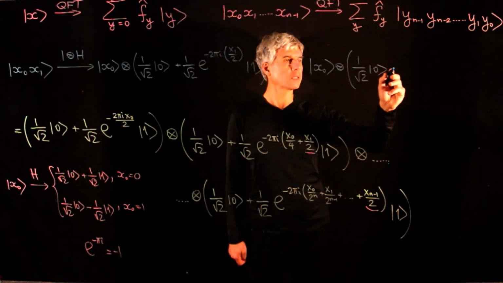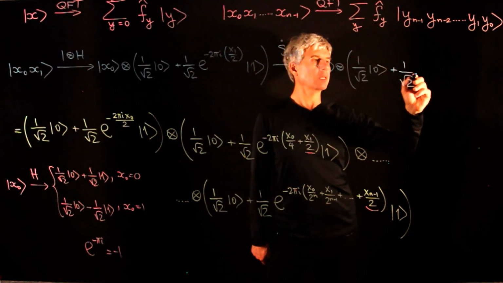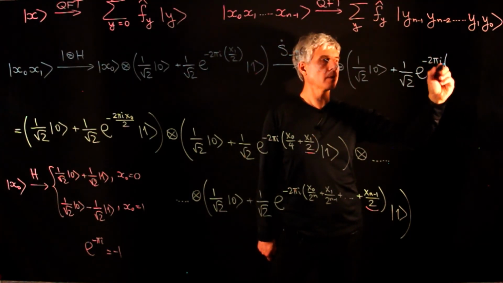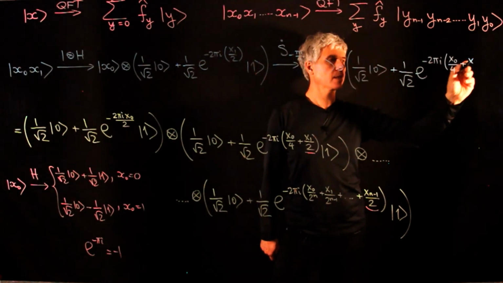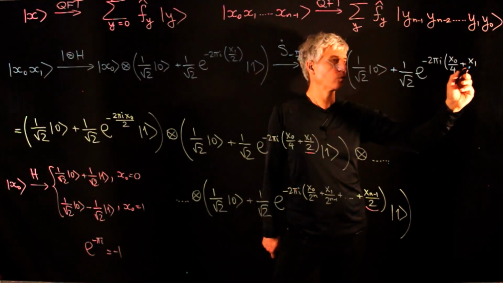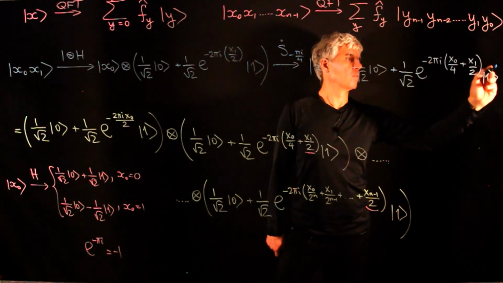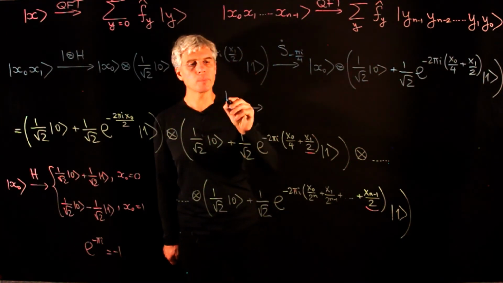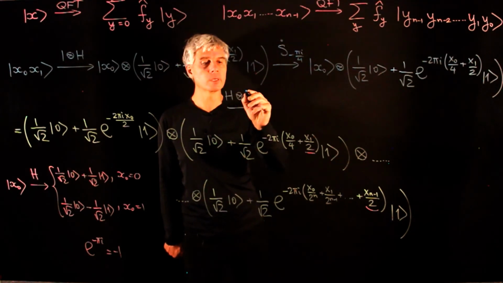So what we get is 1 over square root of 2 e to the minus 2 pi i times (x0 over 4 plus x1 over 2) times 1. And for the last step, we apply the Hadamard transform on the left qubit.